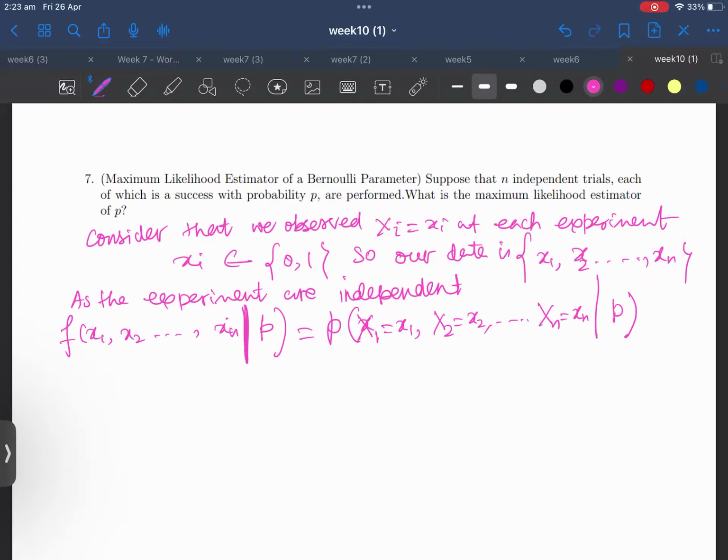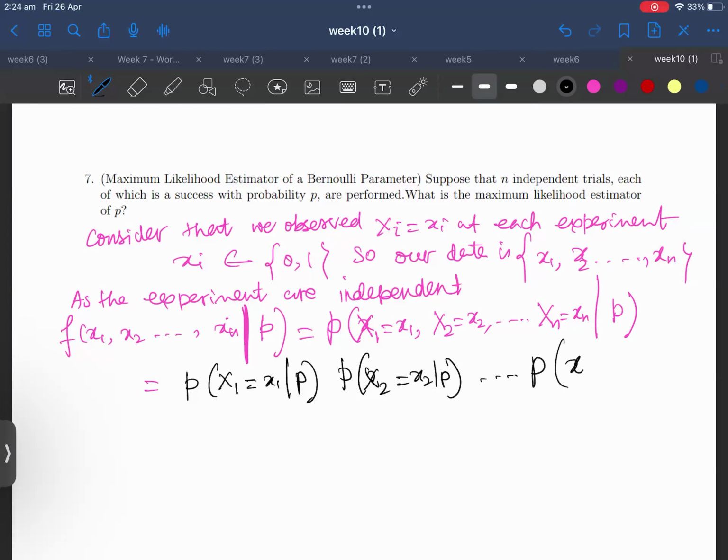So we can write it this way: P(X1 equal to x1 given p), times P(X2 equal to x2 given p), and so on, times P(Xn equal to xn given p).